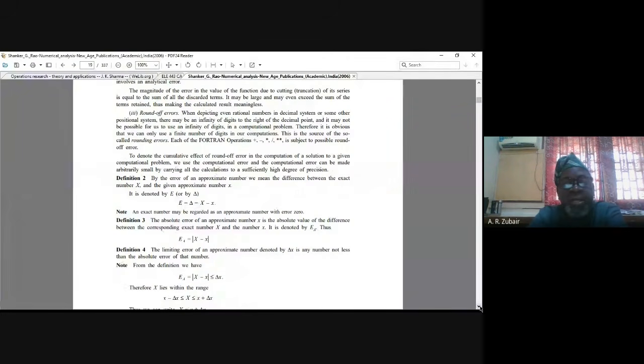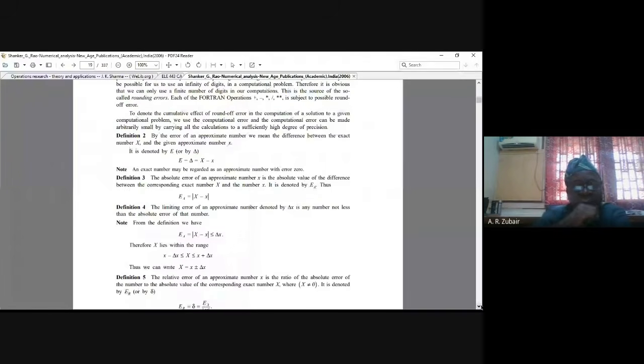For example, your exact error can be minus, can be plus, but the absolute error will not be minus. The limiting error of an approximate number denoted by delta x is any number not less than the absolute error of that number.